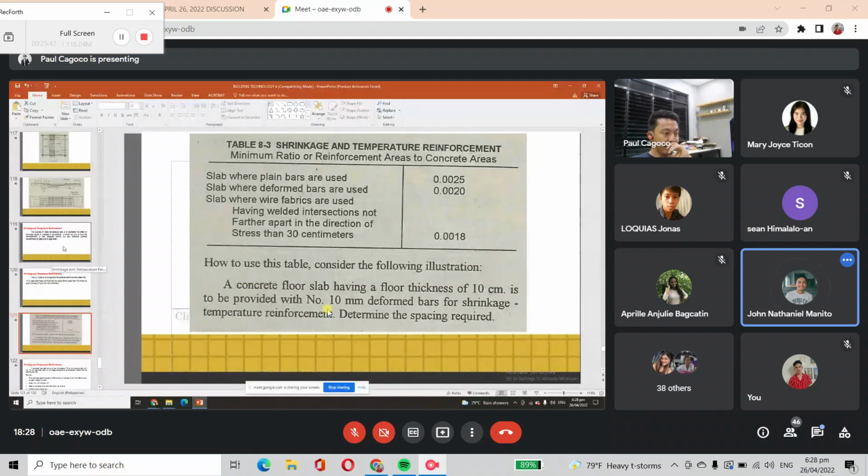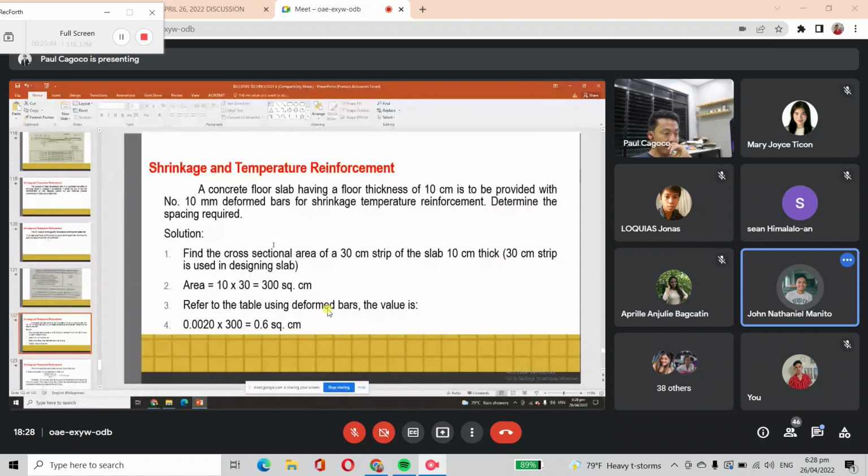Excuse me, sir. Magdepende ba ang 30 centimeter strip of the slab sa beam, sir? Dili, constant lagi. Diba, ingon ko ninyo nga constant. 30 cm is constant. So mao na siya ang gi-consider nga per 30 cm strip is used in designing slab. So kani siya, during computation sa temperature reinforcement.